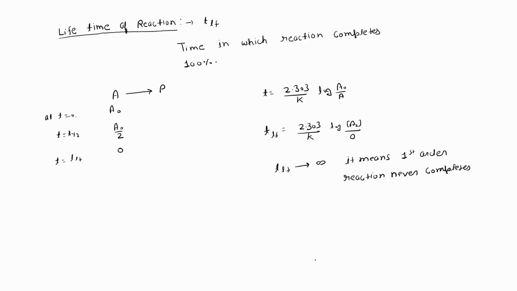Okay. So you should say that if any reaction follows the first order kinetics, it means your concentration will not go to 0. But in a zero order reaction, your concentration may go to 0. Actually, a zero order reaction completes, and the t LF will be A naught by k for a zero order reaction.